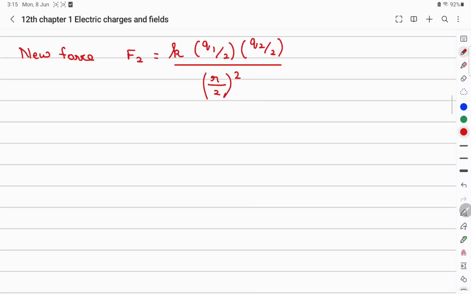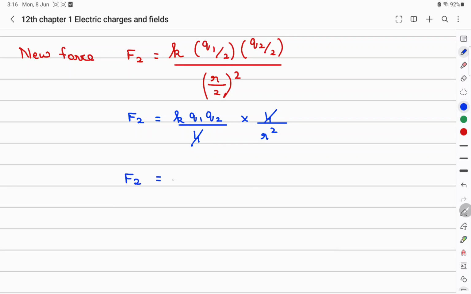So after simplification, F2 will be equal to K q1 q2 by 4 into 4 by r square. So 4 will get cancelled.